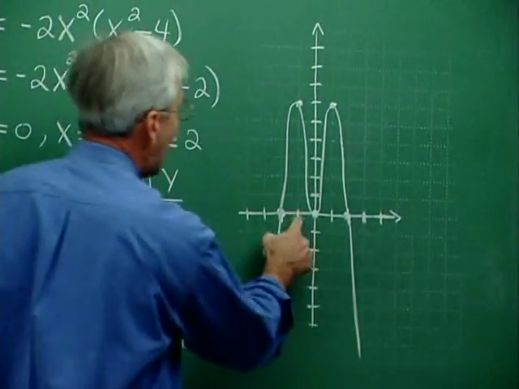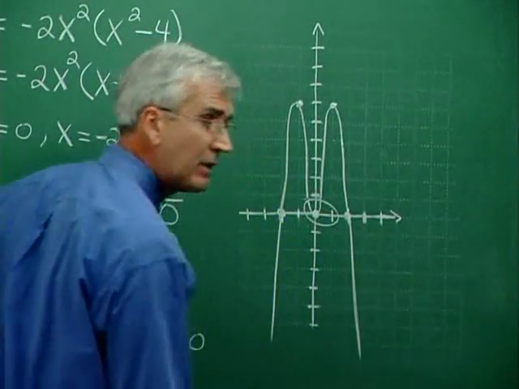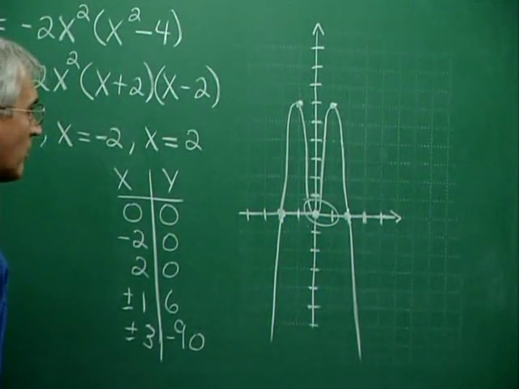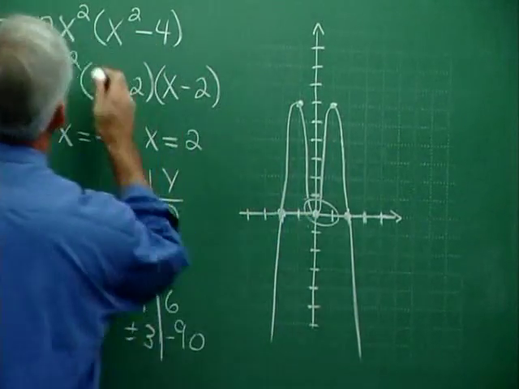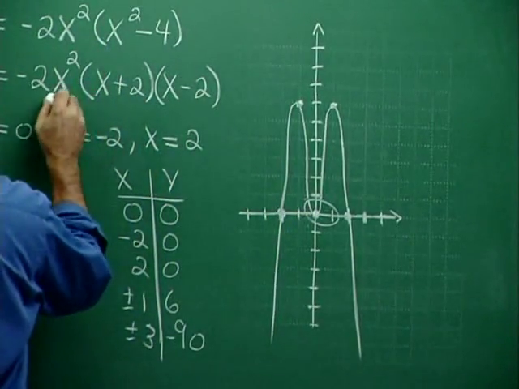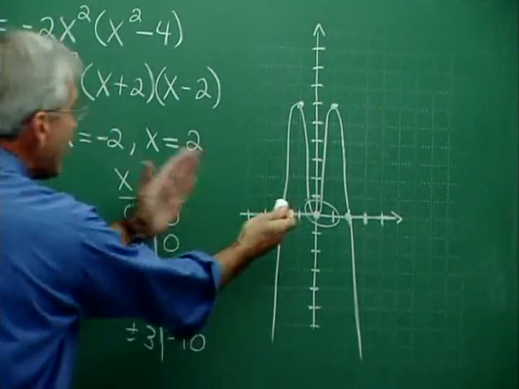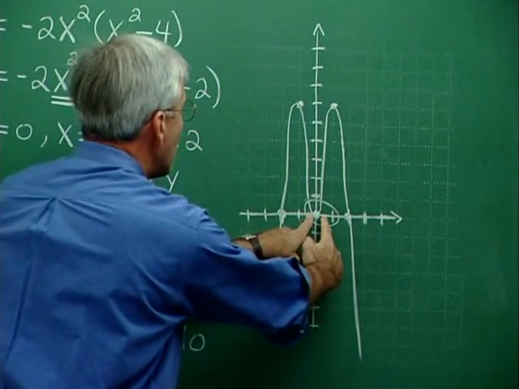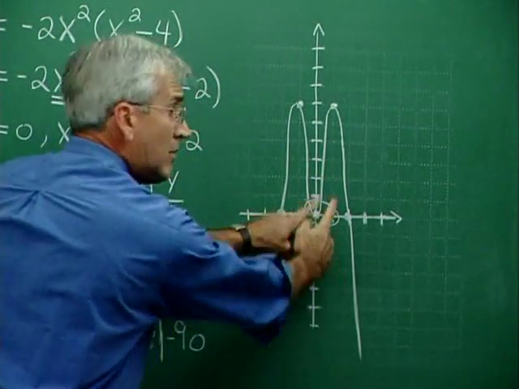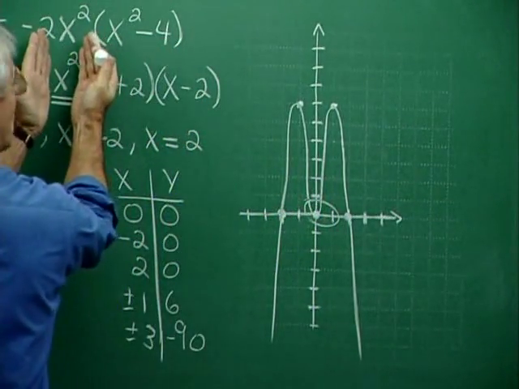Now, why did this bounce occur? That's one other aspect of this particular problem that I want to point out. It bounced off of that point because of the factor x squared. That is, within a certain neighborhood here, within a certain interval of x values, the behavior of the graph is similar to the behavior of x squared.